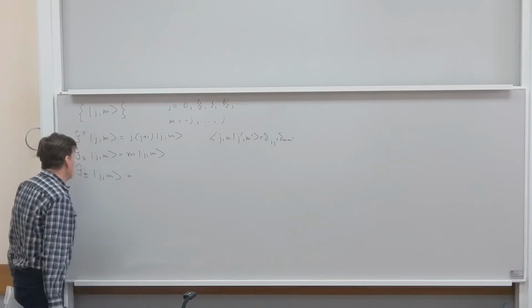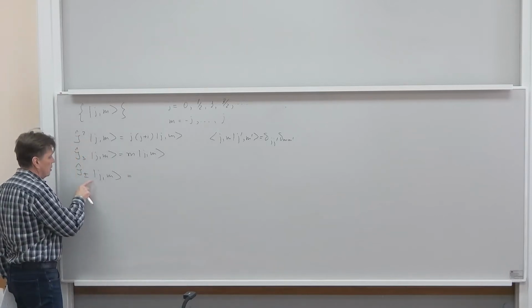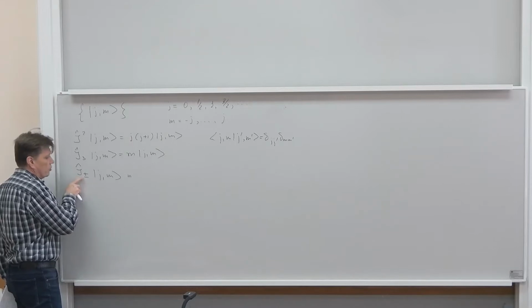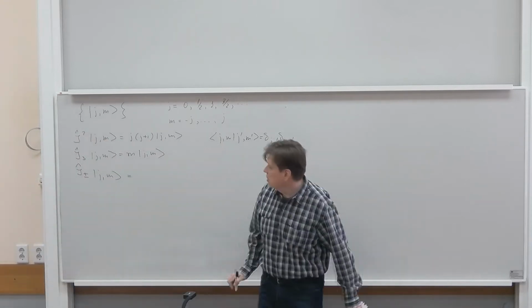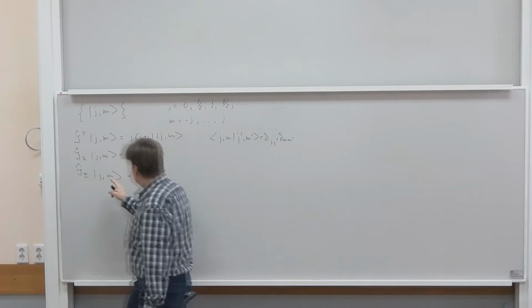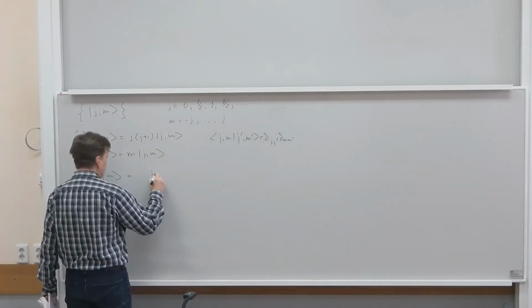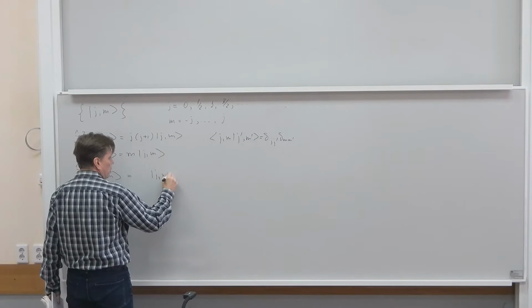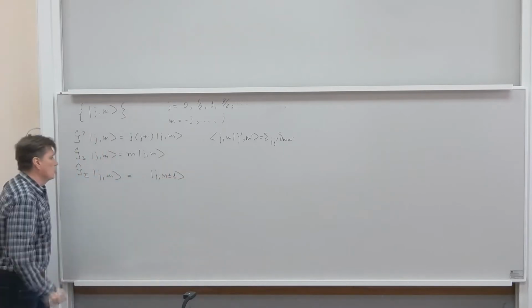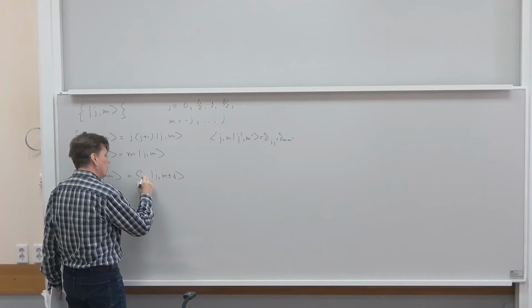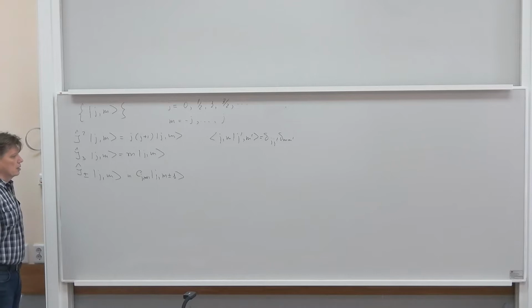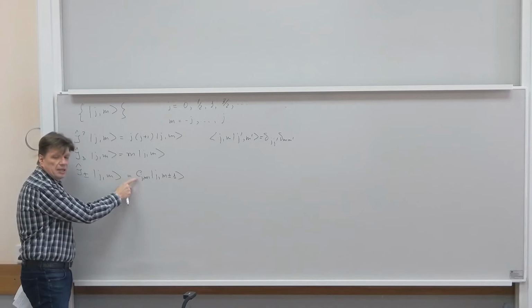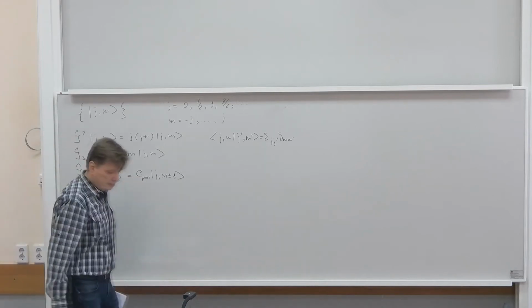And by construction, the application of the latter operators, J plus or J minus, gives us a nearby vector of this family, something proportional to |j,m±1⟩ with some proportionality coefficient C_jm. And our problem is to identify this complex number C_jm.